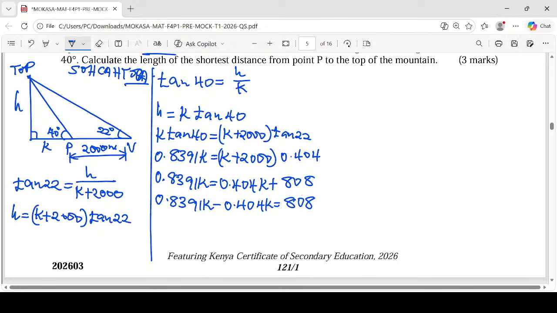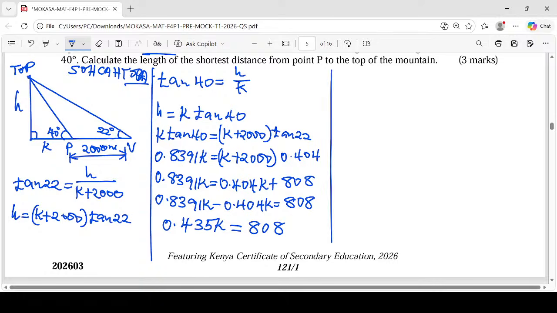Then let's do our subtraction. 0.8391 minus 0.4041 will give you 0.435k, which will be equivalent to 808.